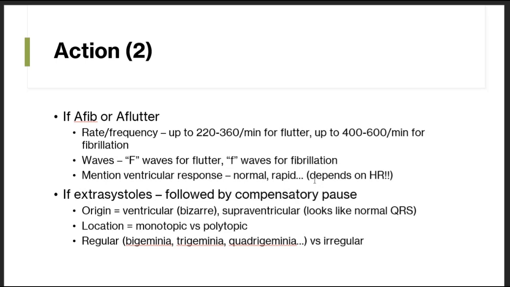If it's atrial fibrillation or flutter, what you have to mention first and foremost is the waves. It is capital F waves for flutter and small f waves for fibrillation. Regarding the rate or frequency of these waves, for flutter it's 220 to 360, but generally up to 400, you can just denote it as flutter. As for fibrillation, it is between 400 and 600.